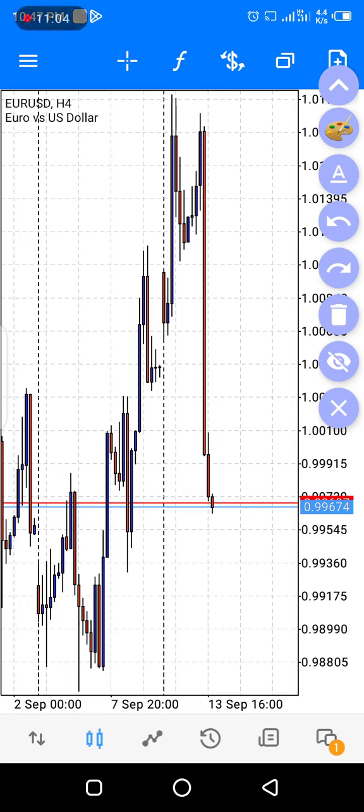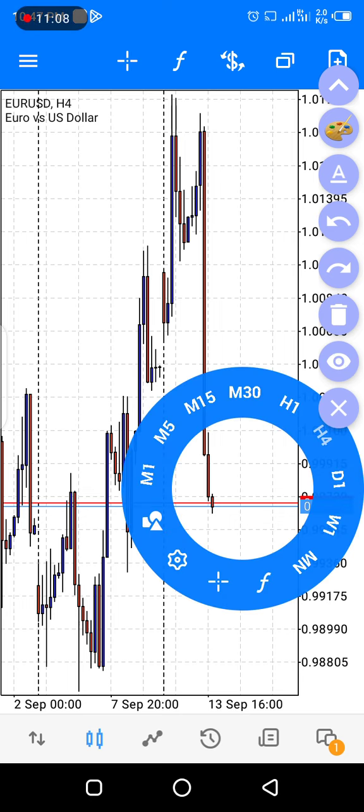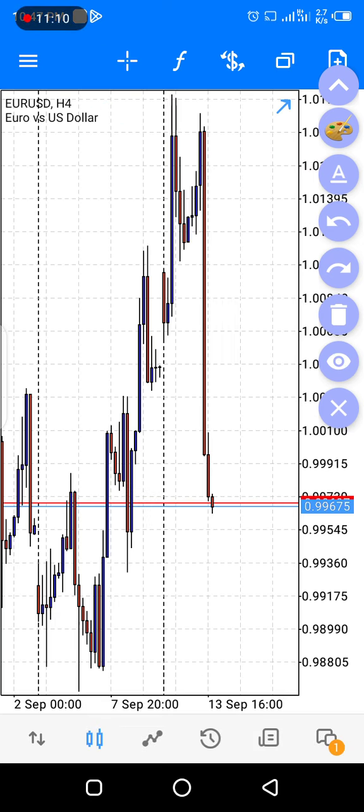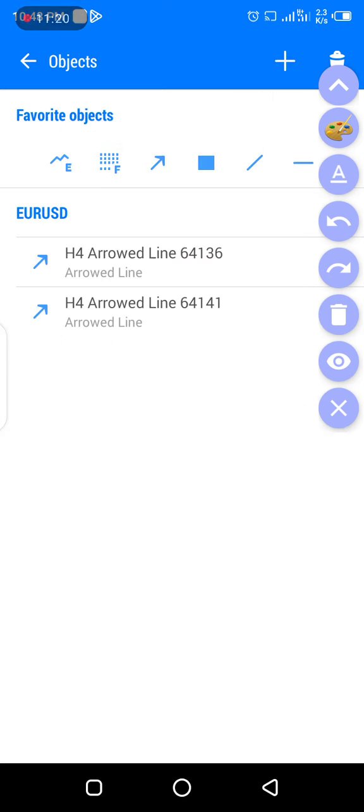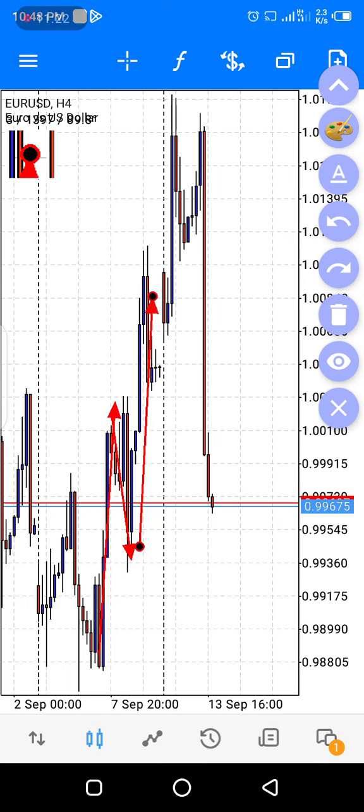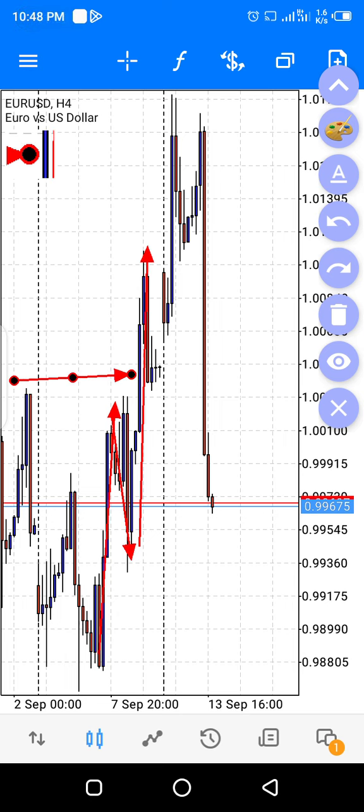So in this scenario for this uptrend, we have this move to the upside, we have this pullback, and we have another move to the upside. This move broke these two structures here.